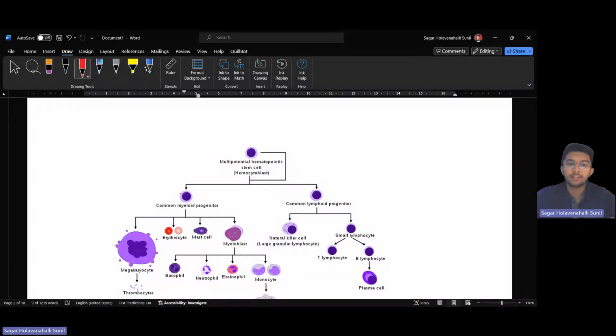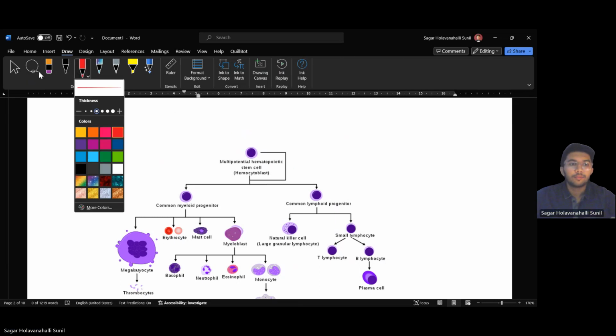Similarly, if let us say that there is a dysregulation that starts from the common myeloid progenitor, you can expect some sort of neoplasm to be arising within these cells, but maybe not so much in this, right? So understand that concept, that the more pluripotent or the more primitive the cell is, the greater chance that the entire line will have a neoplasm or some sort of a dysregulated growth.